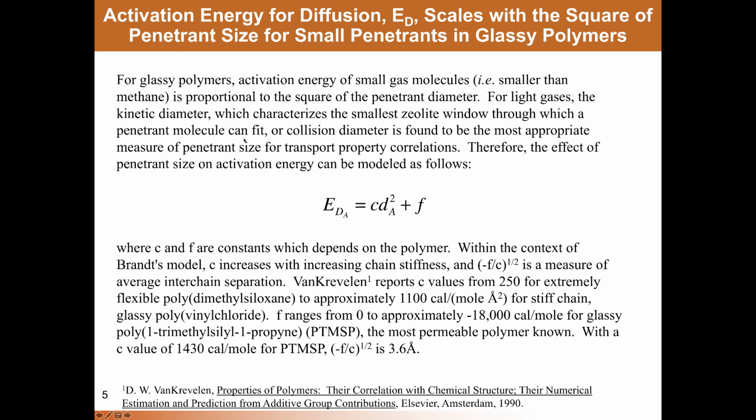And so, to a first approximation, we can model the effect of penetrant size, for example, based on kinetic diameter, on activation energy of diffusion as shown here, with the activation energy of diffusion going as the square of the penetrant diameter. It turns out that this parameter C is a measure of the polymer chain stiffness, so you can imagine that as C increases, for a given penetrant size, the activation energy increases.